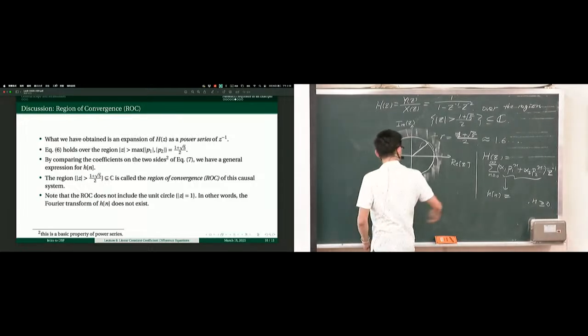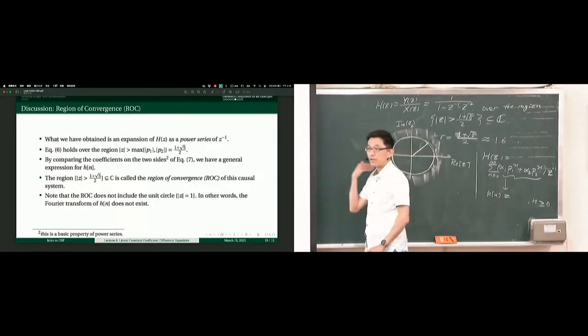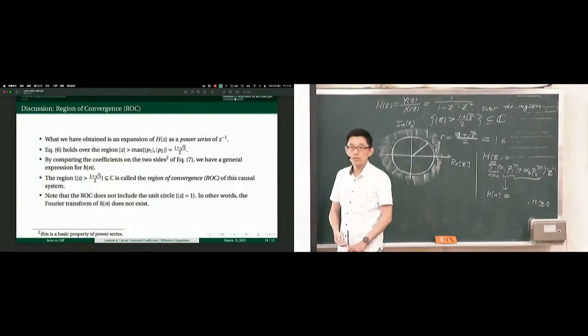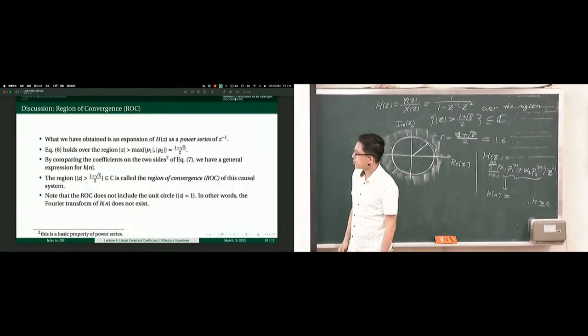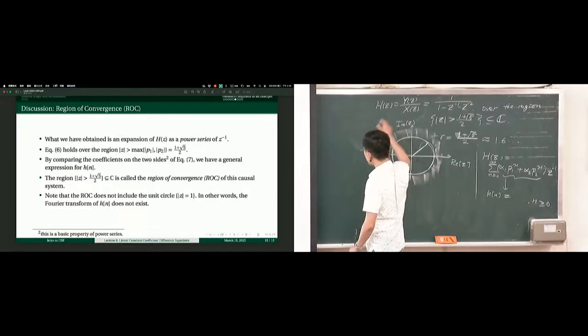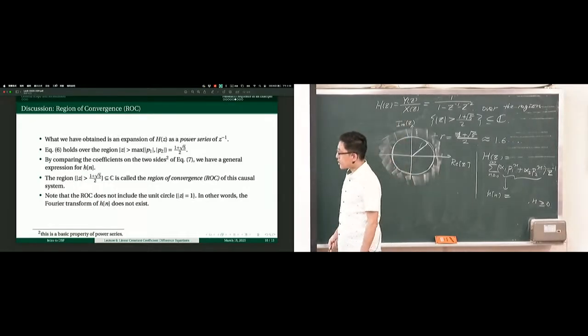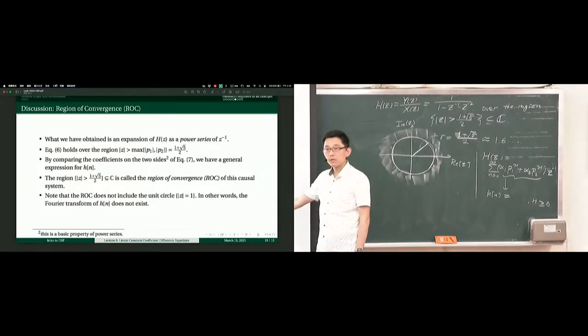And it's a causal system, right? h of n is all 0 before time 0. So far, so good. But the next is a note. Note that for this exact system, the region of convergence does not include the unit circle. Why?